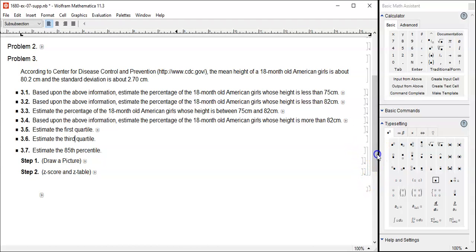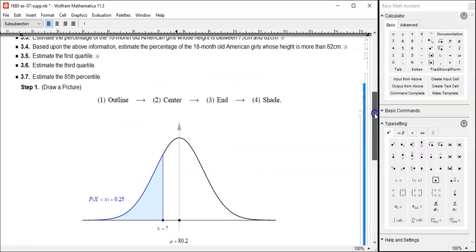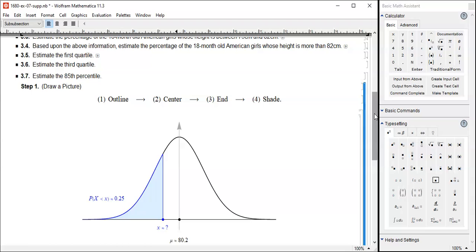Draw the picture, okay. And this is the wrong picture because this is a picture just copied and pasted from the first quartile. I have 25% here, but that's not what I want. I want the 85th percentile. So a certain number to the left. Left shading is 85%.